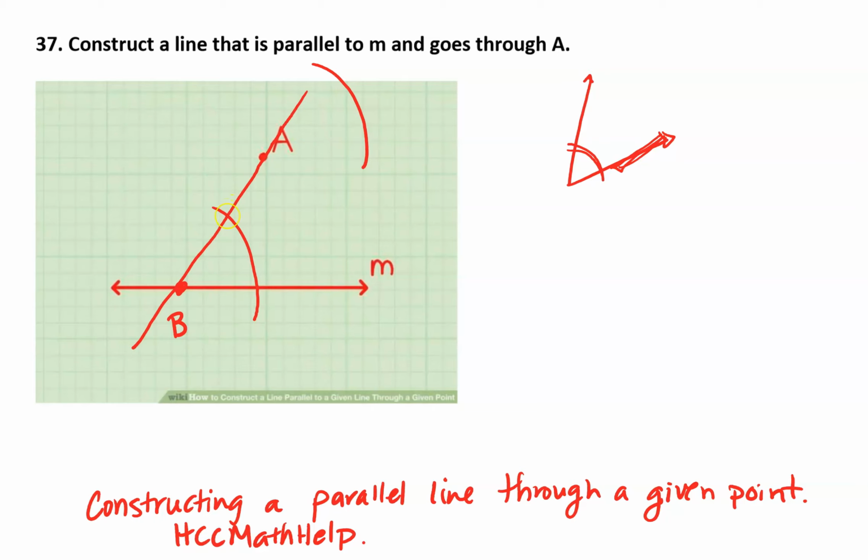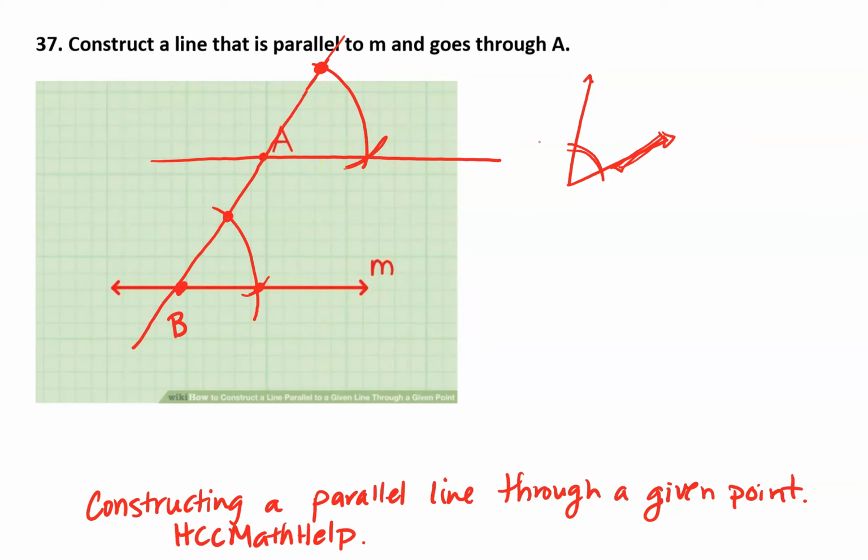Then you're going to use your compass and measure from here to here and set your compass that big, and take your compass up to here. Put the point of your compass here and draw an arc that's the same size. And then we can connect these 2 points.